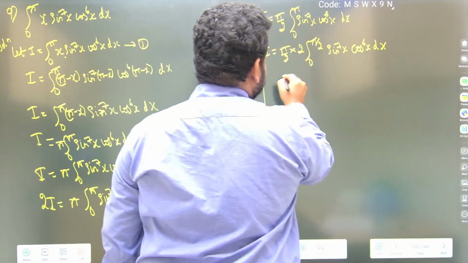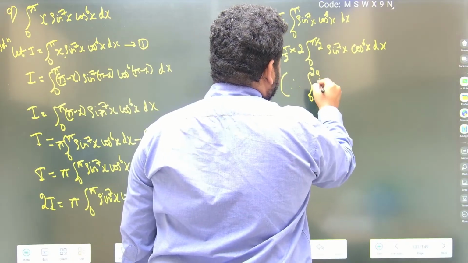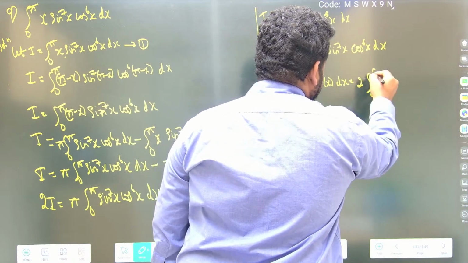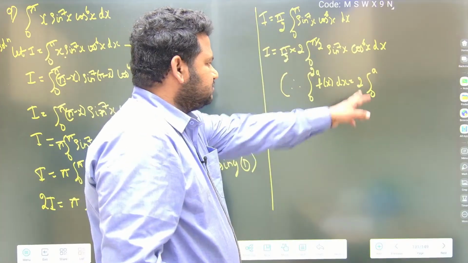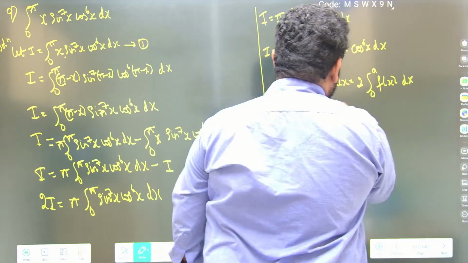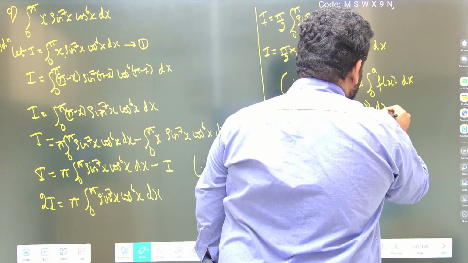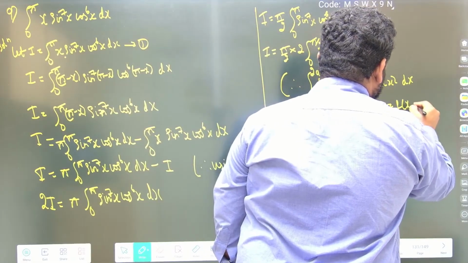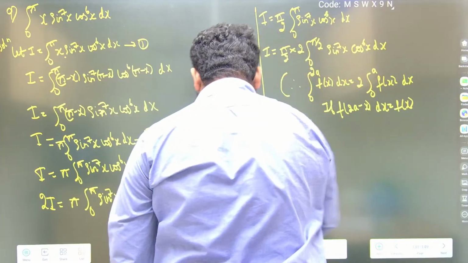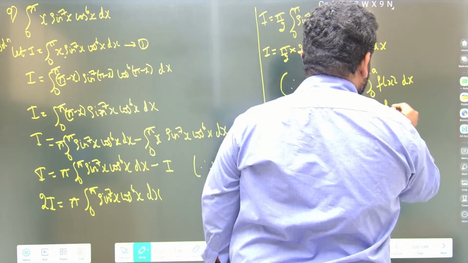The reason is that integral from 0 to 2a of f of x dx can be written as 2 times integral from 0 to a of f of x dx, if f of 2a minus x is equal to f of x.